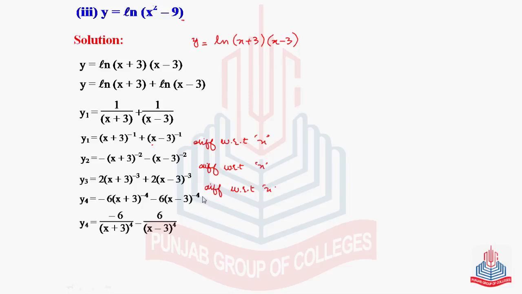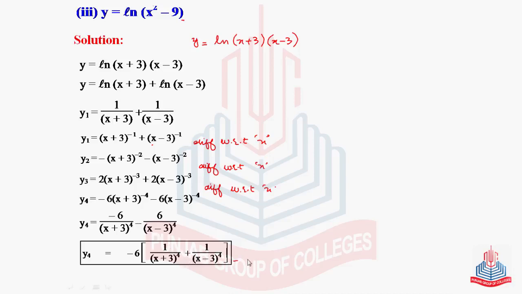So y4 is minus 6, and x plus 3 with power minus 4 can be converted into the denominator, becoming x plus 3 raised to the power 4, and similarly x minus 3 shifted into the denominator becomes x minus 3 raised to the power 4. We have minus 6 as a common factor. So finally the fourth derivative will become minus 6 times 1 over x plus 3 raised to the power 4 and 1 over x minus 3 raised to the power 4.